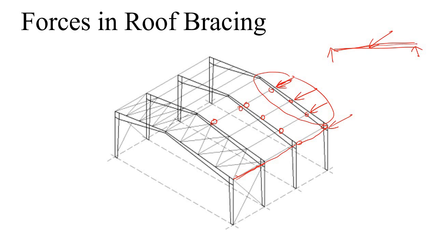If the primary beam is an I section, the bending moment is produced about the minor axis, and you know that the capacity of the I section about the minor axis is very nominal. So this lateral load cannot be carried by the primary beam or the secondary beam.